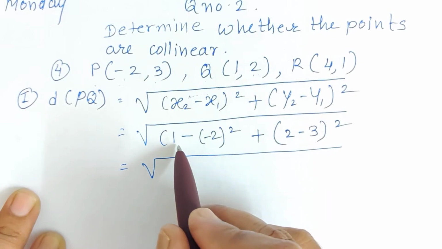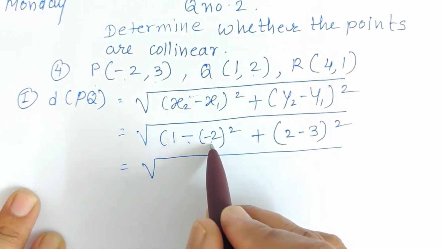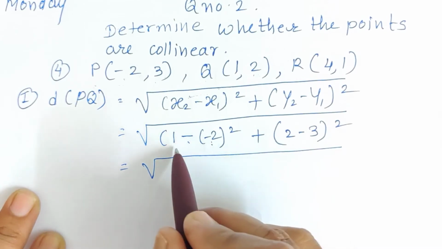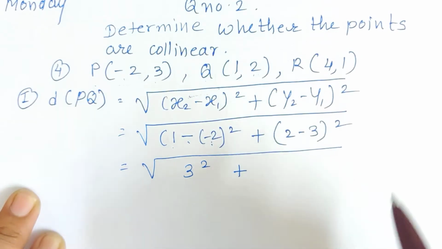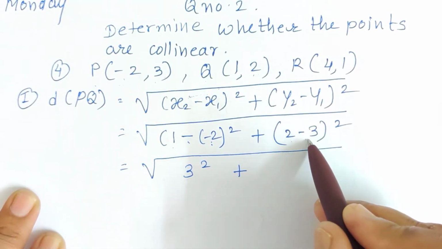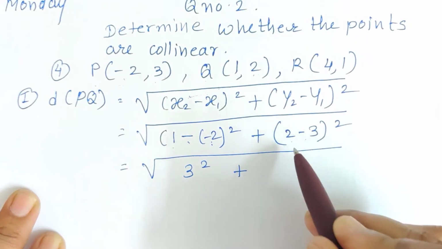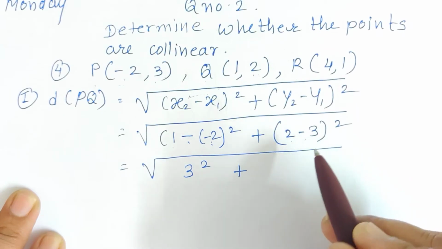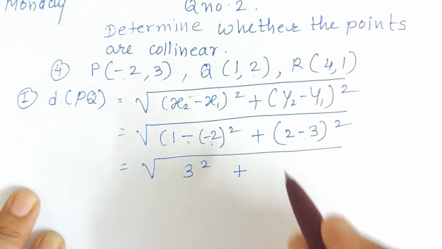Now subtraction we do in the form of addition. Change the sign of the second term, that means it will be plus. So 1 plus 2 is equal to 3 square, plus here subtraction we will do in the form of addition. Change the sign of the second term, that means 3 will be minus 3. Plus minus minus, bigger number sign, and it will be minus 1.